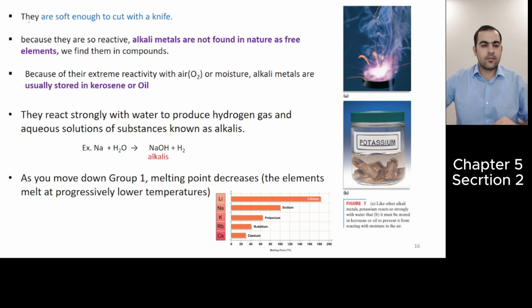There is another characteristic of group 1. They are soft enough to cut with a knife. We can cut them with a knife; we learned this in chapter 1 section 3. And because they are so reactive, alkali metals are not found in nature as free elements. We find them in compounds.